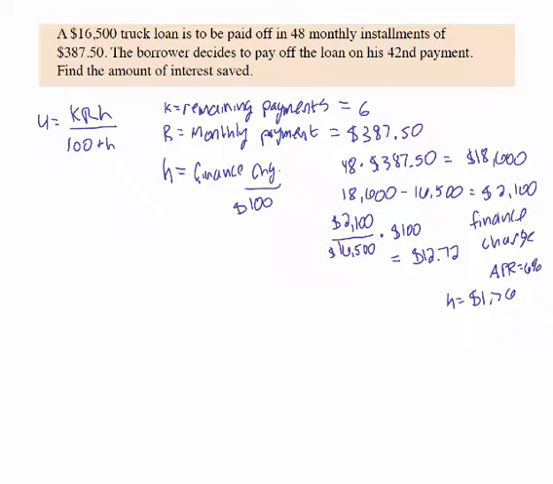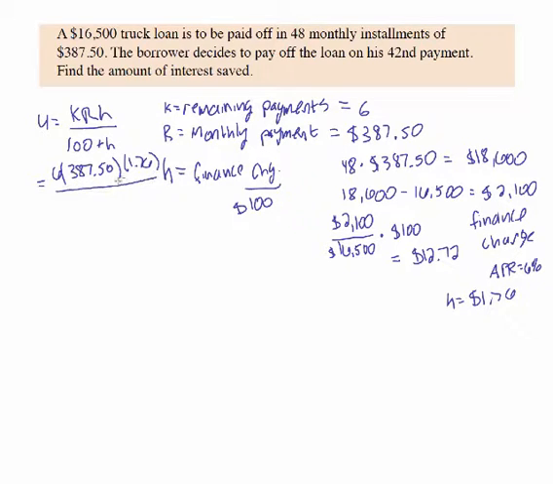Now that I know all the information needed for the formula, I can go ahead and compute the amount of unearned interest. K is 6, that's the number of remaining payments. R is the recurring payment of $387.50. H we just found is 1.76.